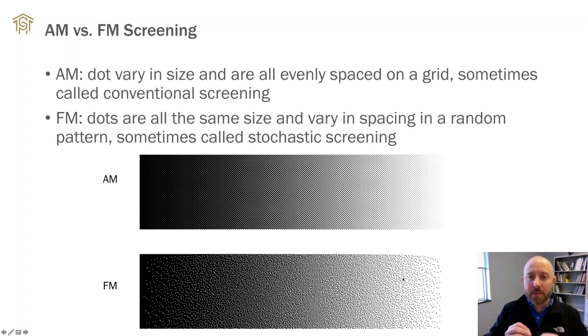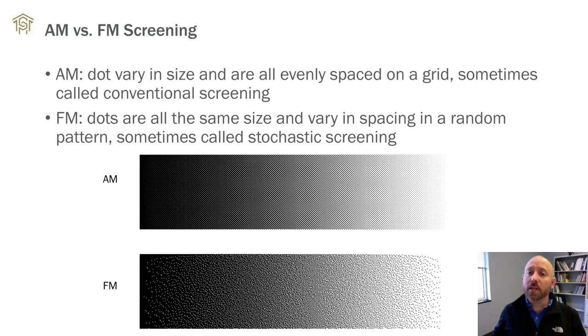It's just the spacing between them that is different. There are advantages to both of these, and both types of screening can be used in flexography. But generally, most things are reproduced using AM screening when it comes to a conventional print process like flexography or offset printing or screen printing.